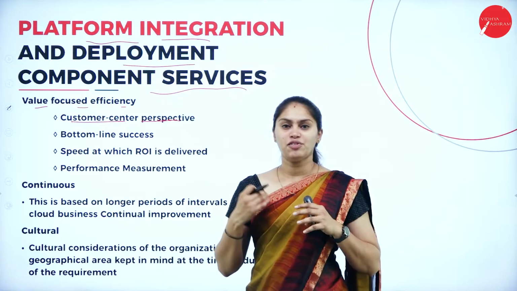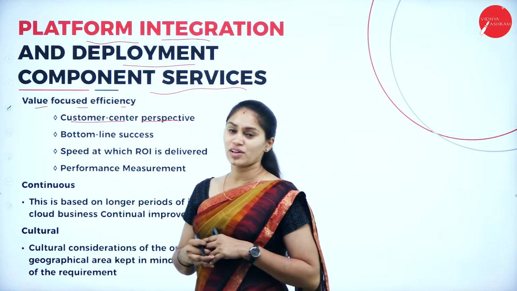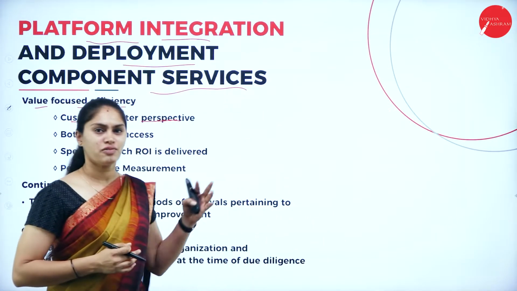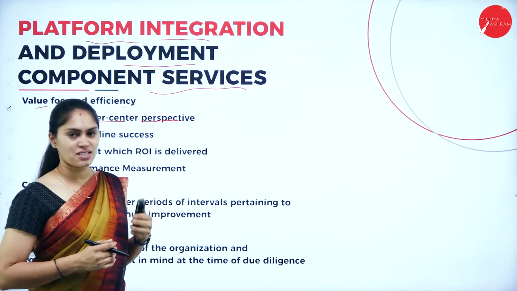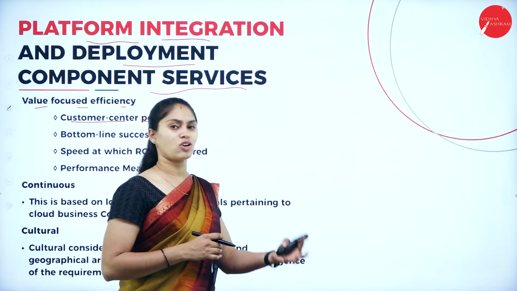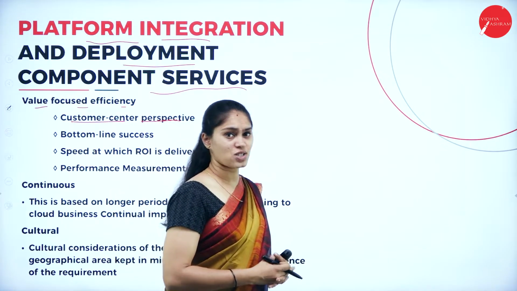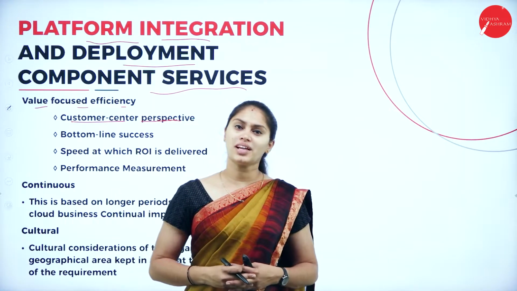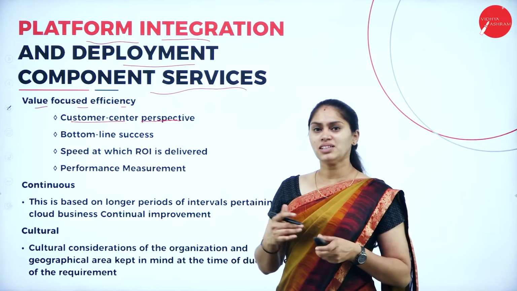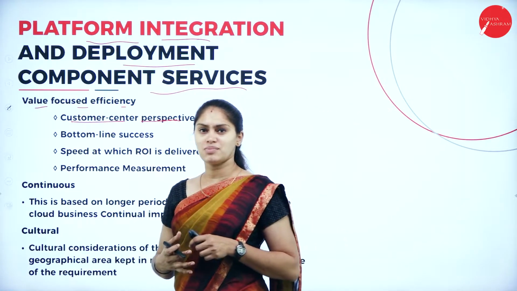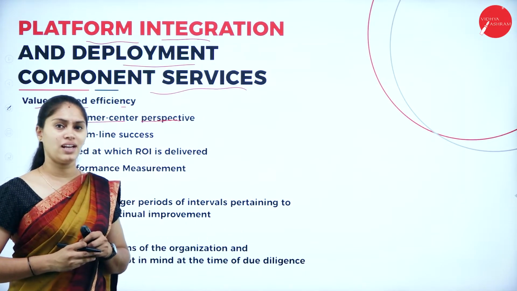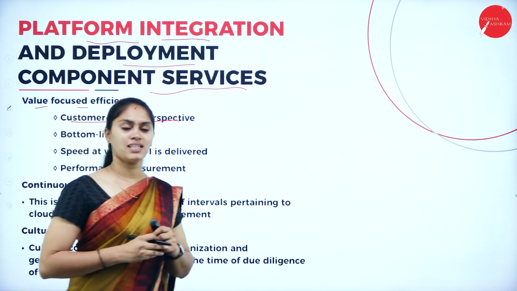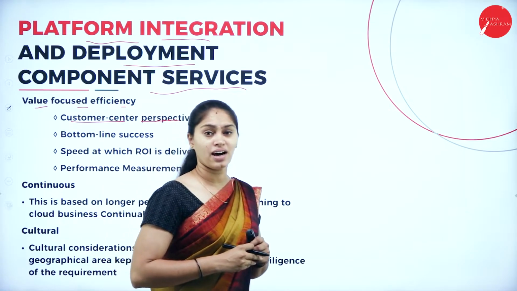That means if you are selling any product for 20 rupees, being a customer, I have to think whether the customer will accept this object at 20 rupees. If not, how can I minimize the cost? That means we have to think about all the perspectives of the customer, whether it is right or wrong. We have to think, then only we will get to know whether the customer will accept our process or not.